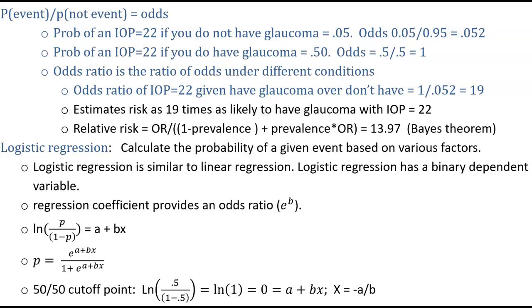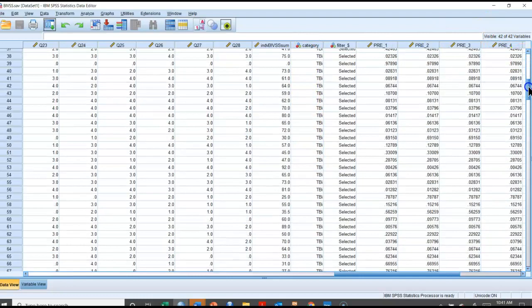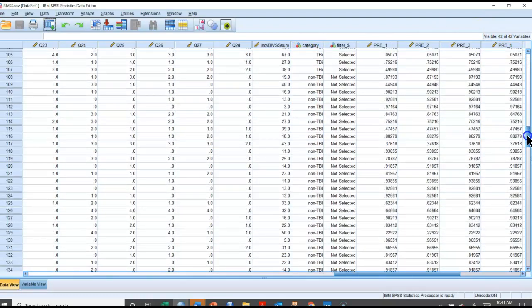All right, so let's work this out in a logistic regression problem. Here we have the BIVS database. In that database, we have patients who have had a TBI at some point in their life. So we have lots of TBIs.